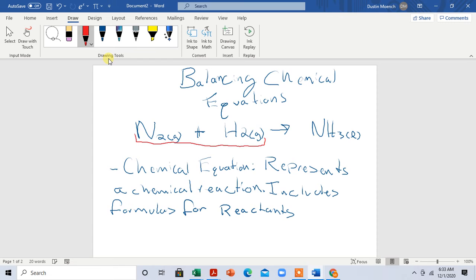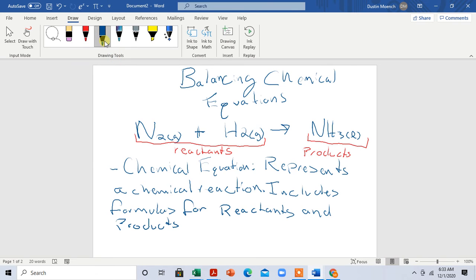These are the reactants, and these are the products. The reactants are the things that you're mixing together, that go into the reaction, and a reaction is occurring between the reactants. The products are what you produce, what comes out, what's left over after the reaction has taken place.